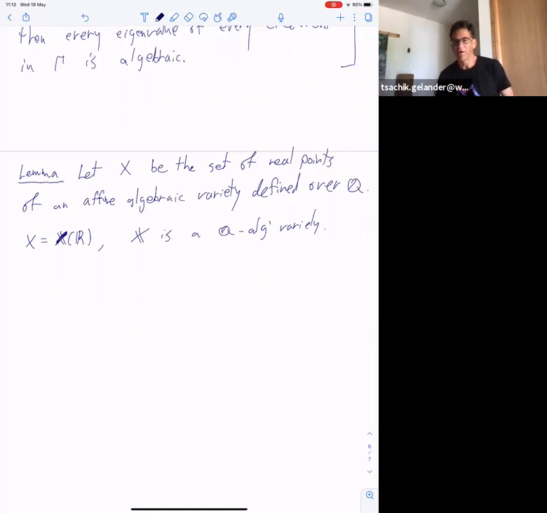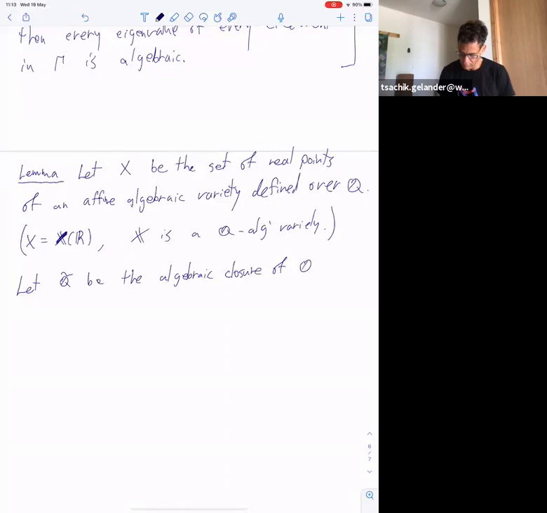X has a Zariski topology, but it also has a Hausdorff topology. Let Q tilde be the algebraic closure of Q in R. So it's the field of all real numbers which are algebraic.